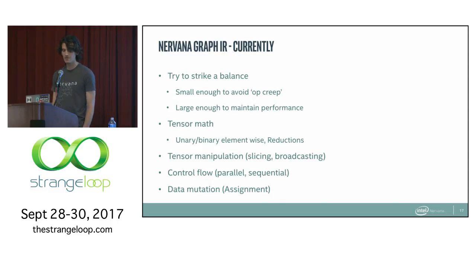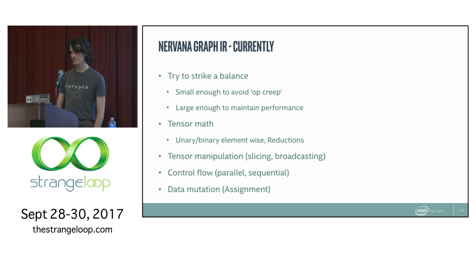Most of the ops are centered around tensor math, things like convolutions and general matrix multiplies. We have support for unary and binary element-wise kernels and things like folds and reductions. Another important thing that we have is tensor manipulation: slicing and broadcasting of tensors, reshaping, dim shuffles.